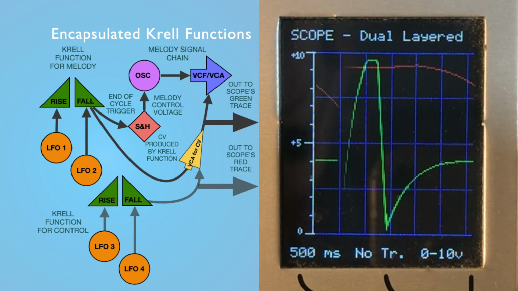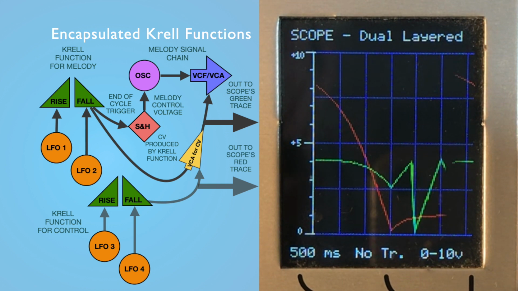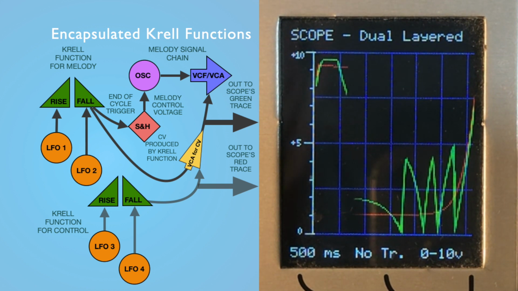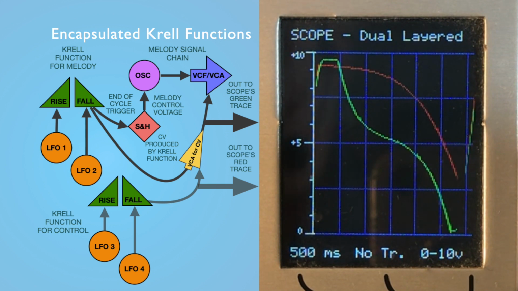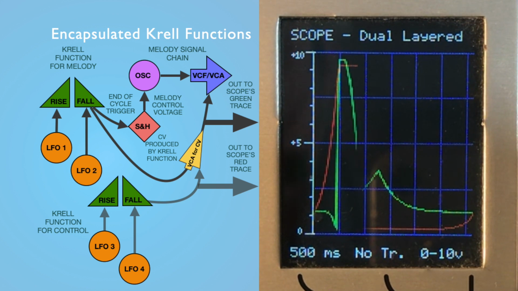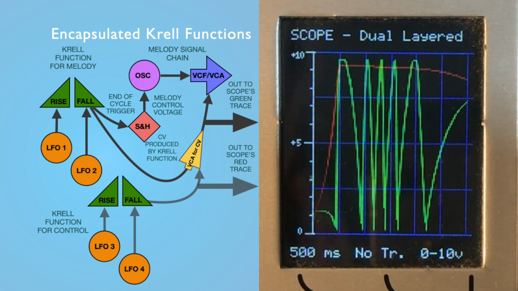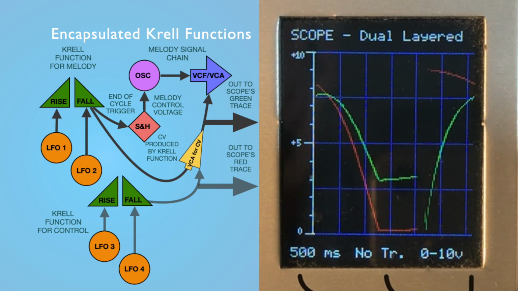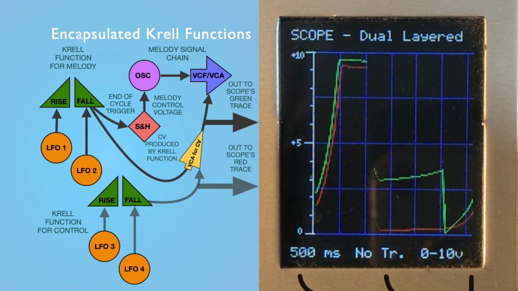This then gives us a very interesting musical setup in that now not only do we have different articulations of our original Krell, and remember that there's all kinds of ways that we can shape those articulations, but now we're actually controlling how much of it we hear.